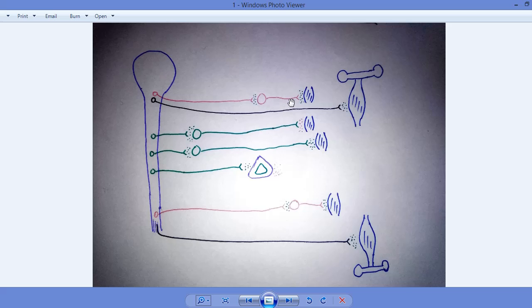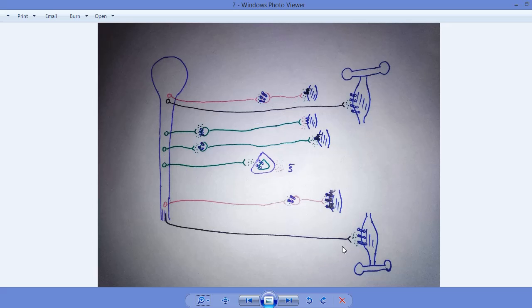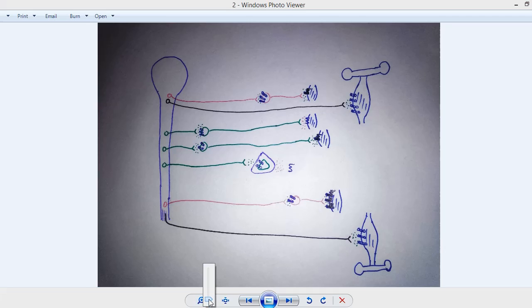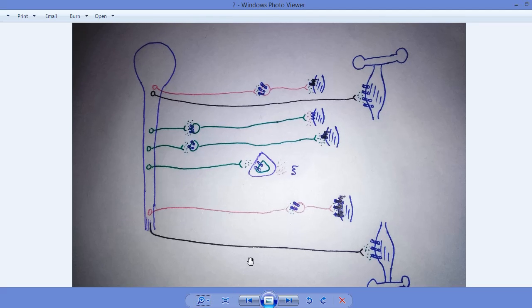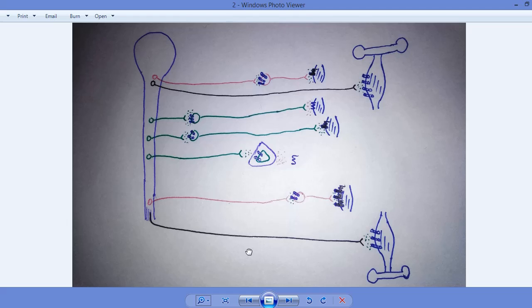Now coming towards the next slide. This slide is very important from a pharmacological point of view, because in this slide, first of all, we are going to explain the somatic nervous system. In the somatic nervous system, the somatic neuron makes the somatic nerve ending, which forms the neuromuscular junction with the skeletal muscle and secretes acetylcholine.